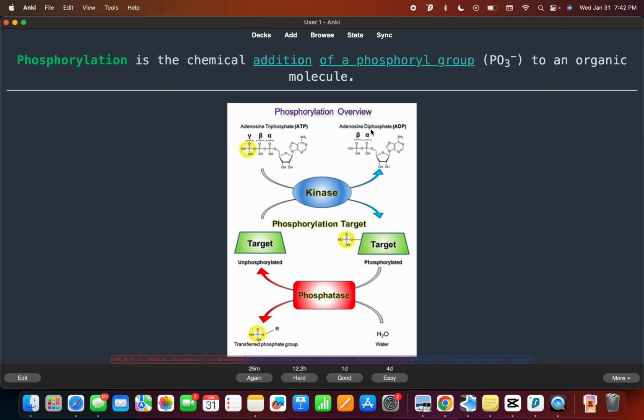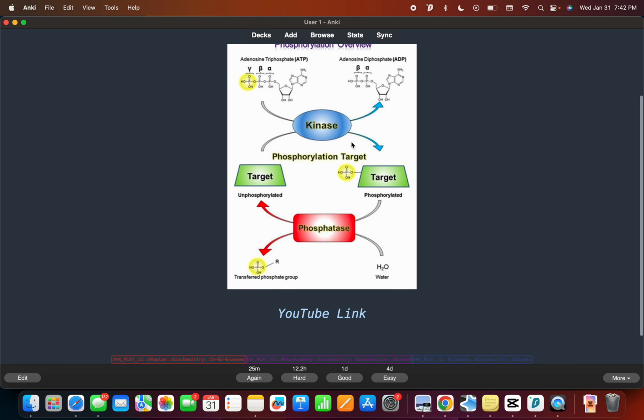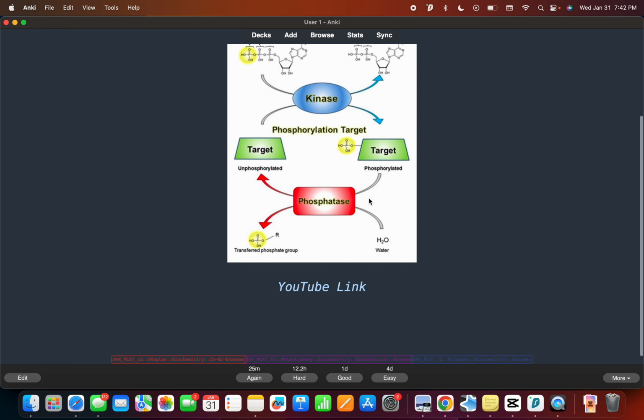Kinase brings ATP to do that, right? Then the phosphorylation target gets phosphorylated, and phosphatase uses water to turn that phosphorylated molecule, a protein for example, into an unphosphorylated one, and then here you can see the transferred phosphate group.